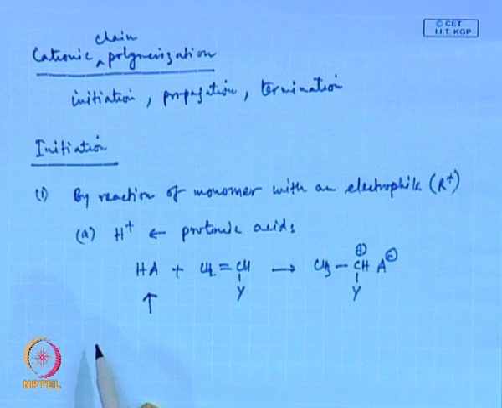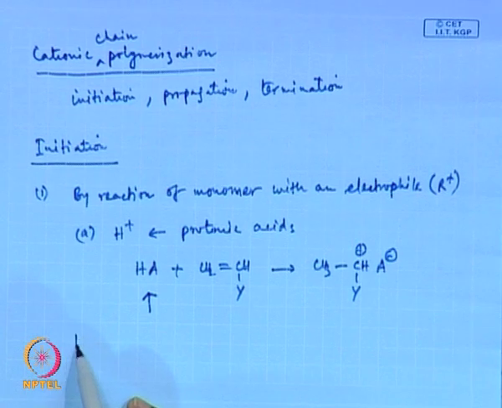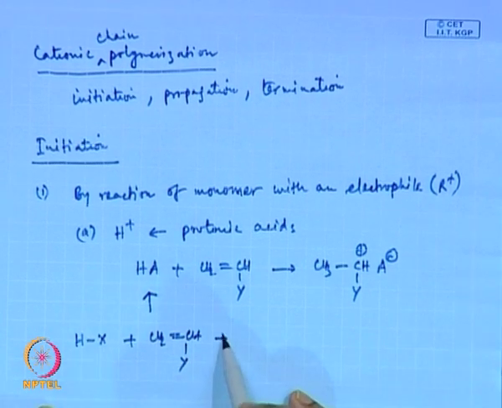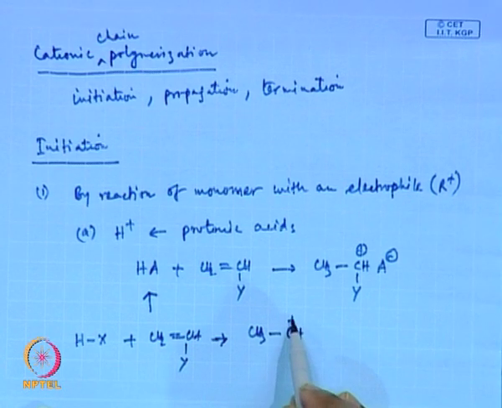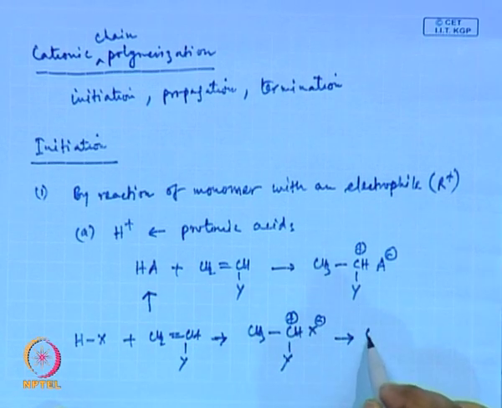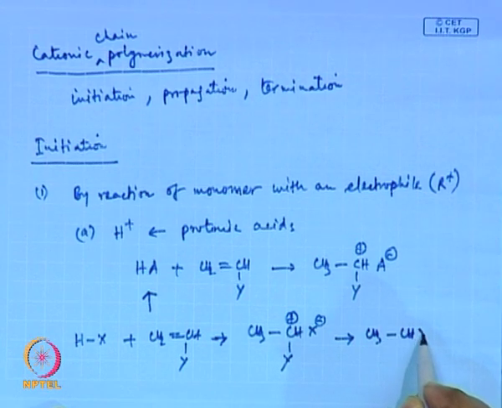For example, consider halogen acids like HX and the generic monomer structure. With the proton electrophilic reaction, it will form the same initiating species, but because the halogen anion, say chloride ion, is such a strong nucleophile, it will combine again and form a covalent bond.